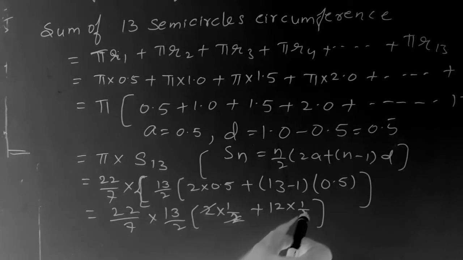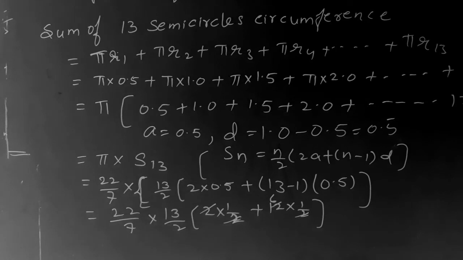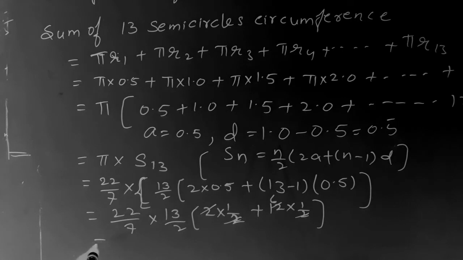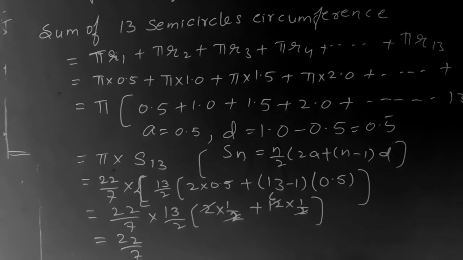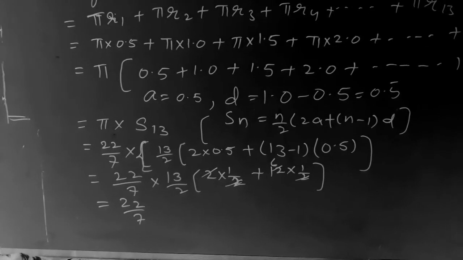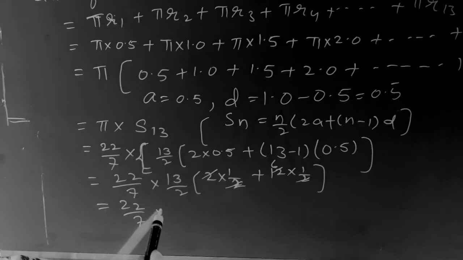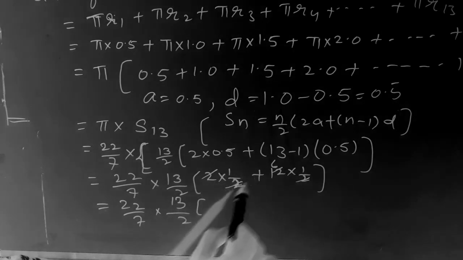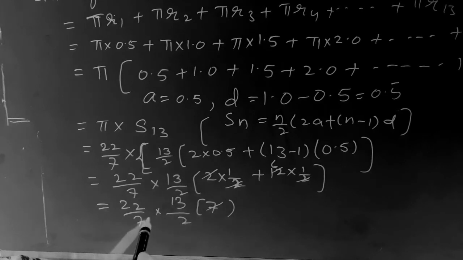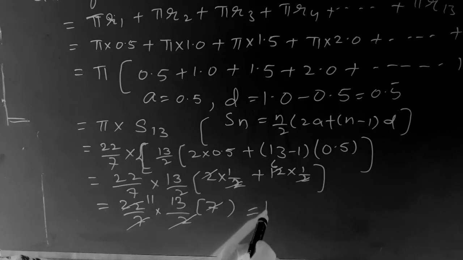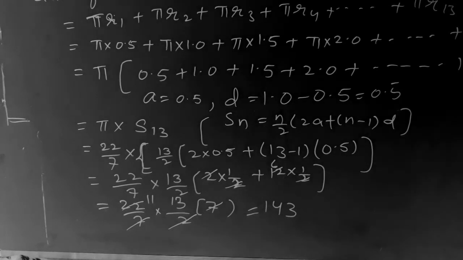2 gets cancelled, 2 sixes are 12, so 6 is left. We have 22 by 7 into 13 by 2, and inside the bracket 1 plus 6 is 7. 7 cancels, 2 ones are 2, 2 elevens are 22. 11 into 13 is 143.